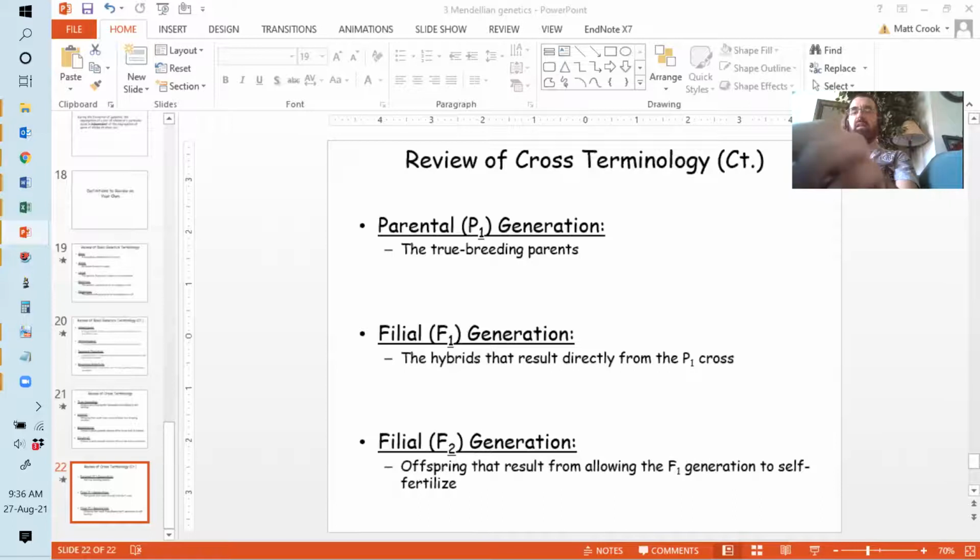What allele a gamete gets for one gene has nothing to do with which allele it gets for another gene.